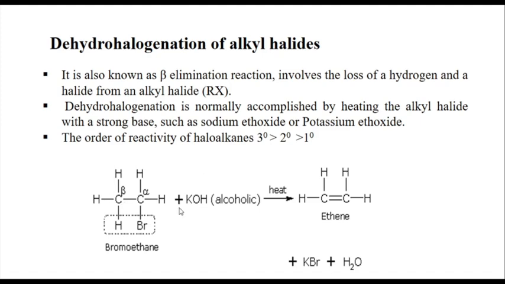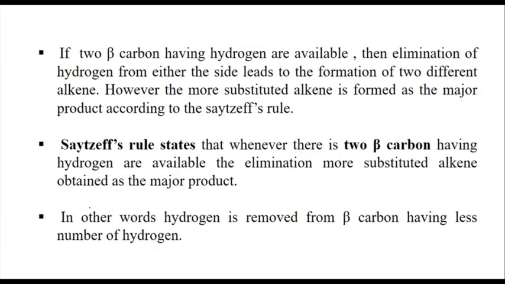So this alcoholic KOH solution forms the potassium ethoxide, which acts as a strong base, so it takes away the beta hydrogen from here, right? So the removal of this hydrogen and halogen from here gives alkene as the major product. Okay, so it's a dehydrohalogenation or beta elimination reaction.